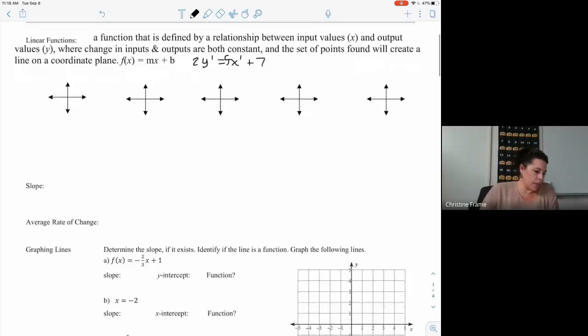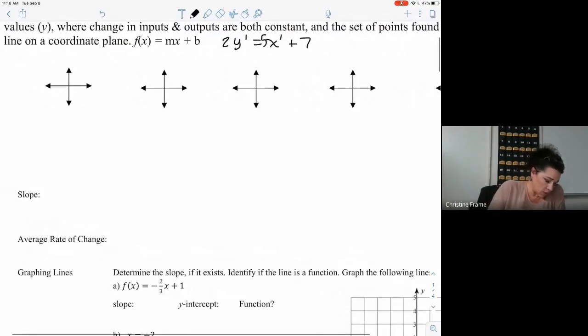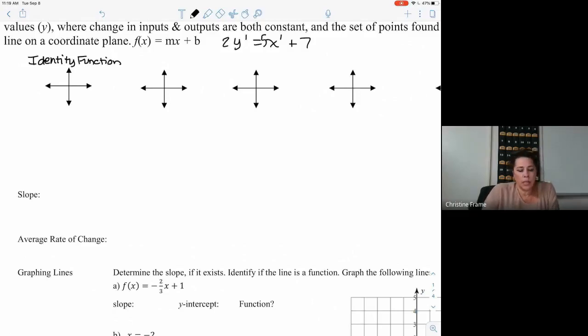Okay, so let's talk about some specialized linear functions. We're going to start off with the identity function. And the identity function just basically means whatever I get on the left, I get on the right.